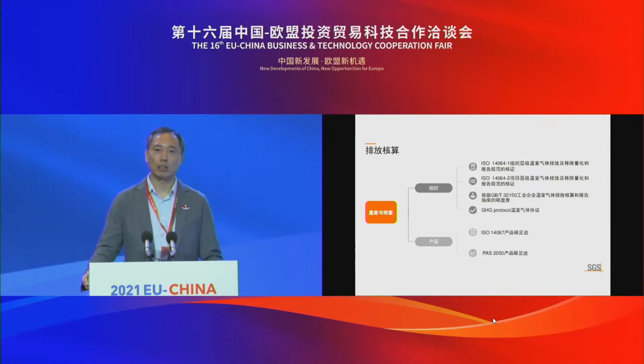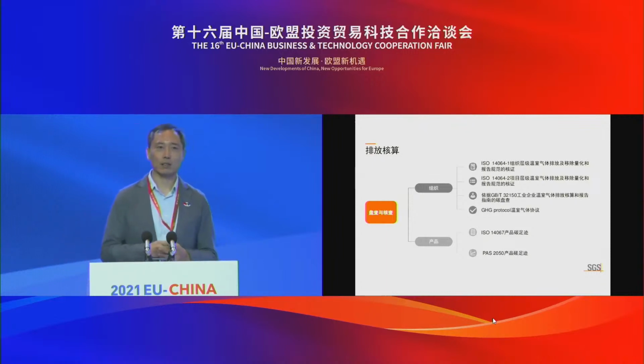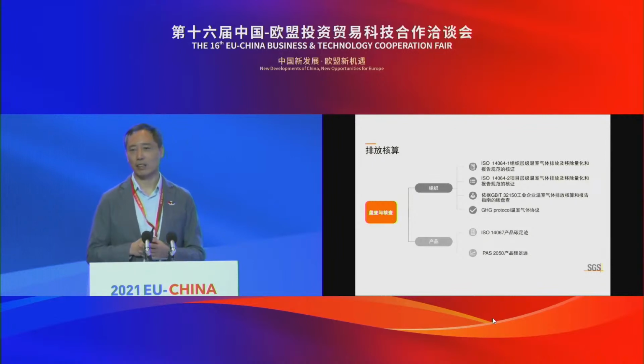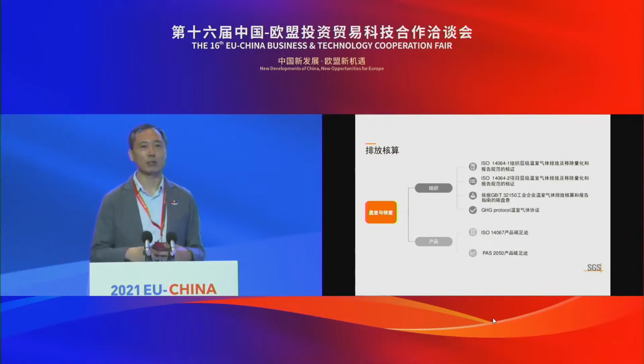The second is product carbon. Organizational means that we estimate and calculate all the carbon emissions within the factory grounds. And products mean, for example, a mobile phone, from the raw material to processing and logistics, and finally the recycling of the waste. And so this is product carbon.